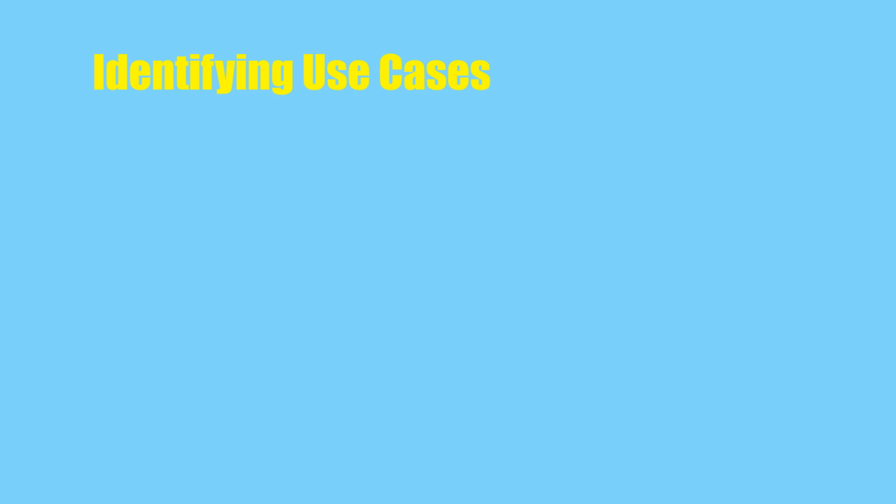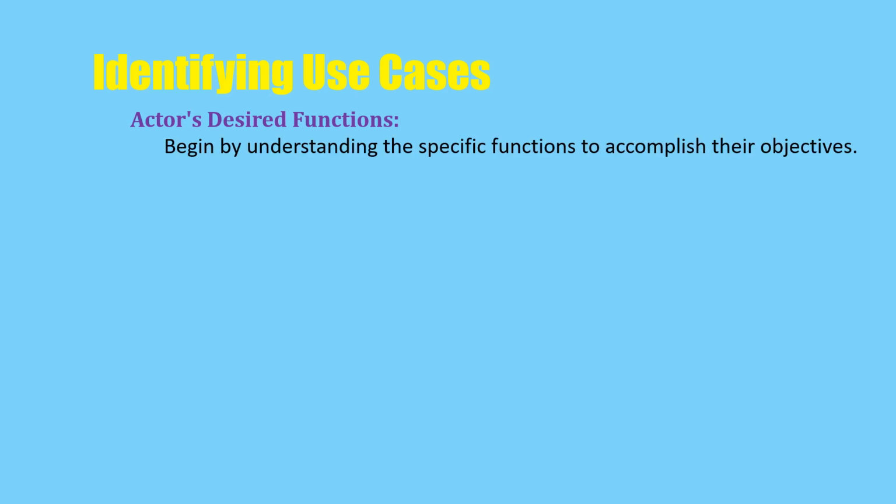This approach fosters effective requirement elicitation and system design, aligning the system's functionality with user expectations. Actors' desired functions: understand the specific function or task that each actor desires from the system to accomplish their objectives.